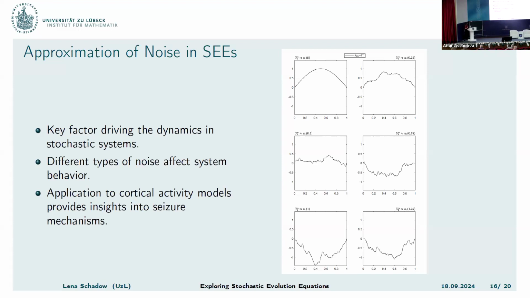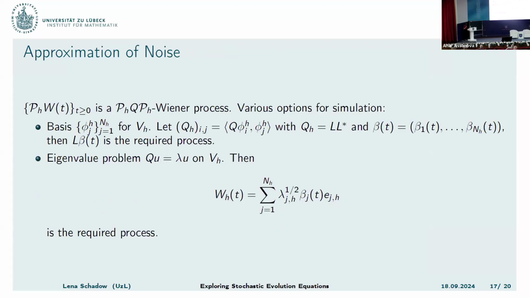I can maybe say some more words about the approximation of noise. What we are doing, we consider our Q-Wiener process, or projected Q-Wiener process, as a Wiener process. And there are several options.